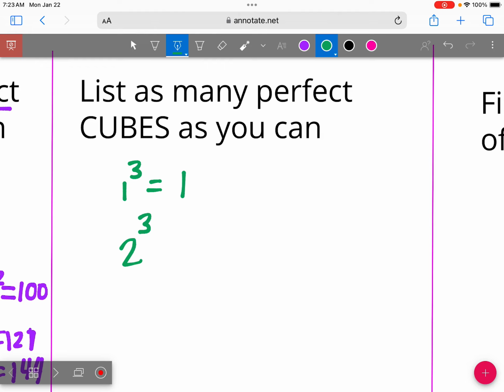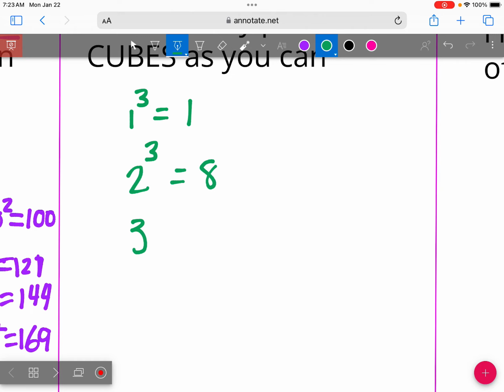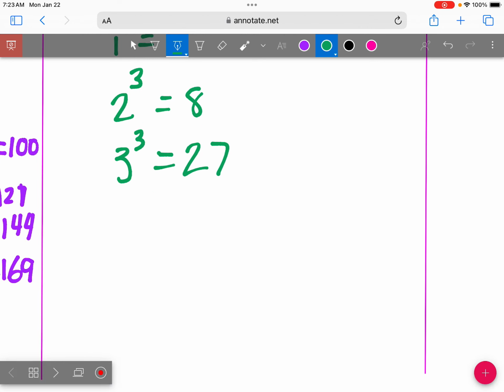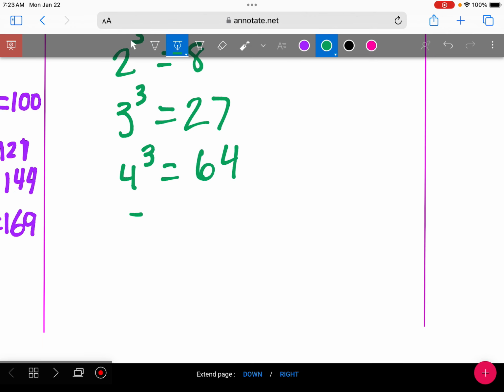What's 2 cubed? 8. 3 cubed? 27. Yep. 4 cubed is 64. 5 cubed? 125. And that's usually about as high as we go in cubes as well, right off the bat.